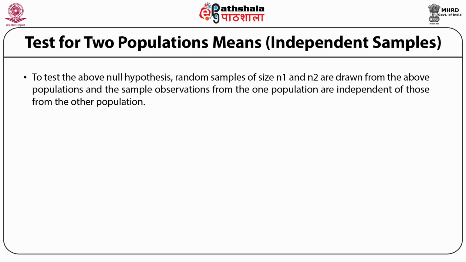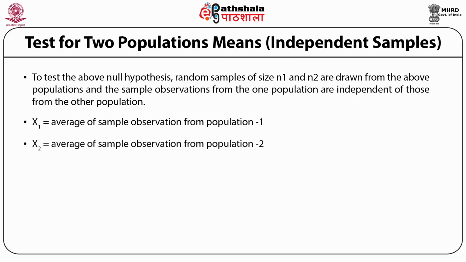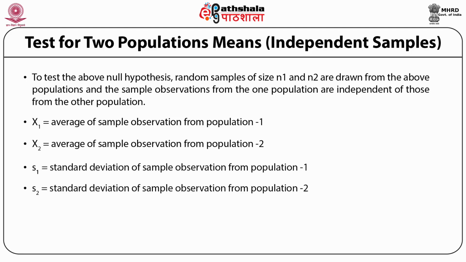In such a case, the average sample observation of population 1 we have taken as x1, and the average sample observation for population 2 we have taken as x2.